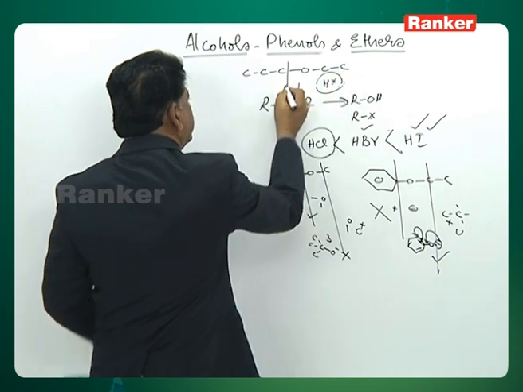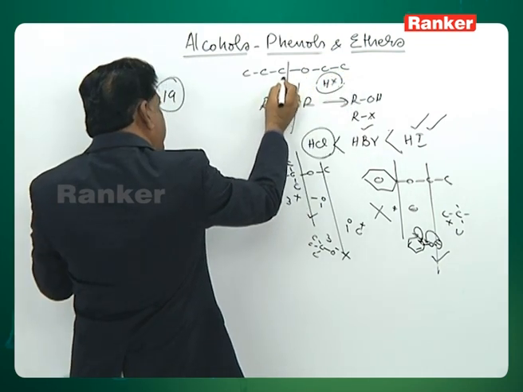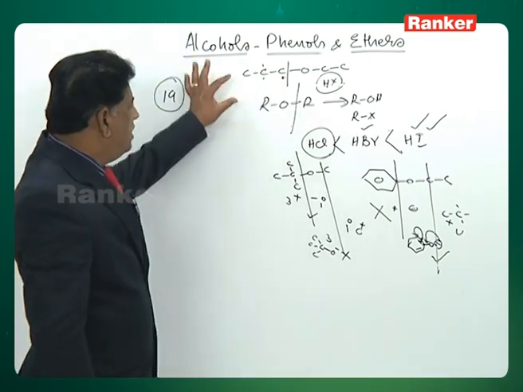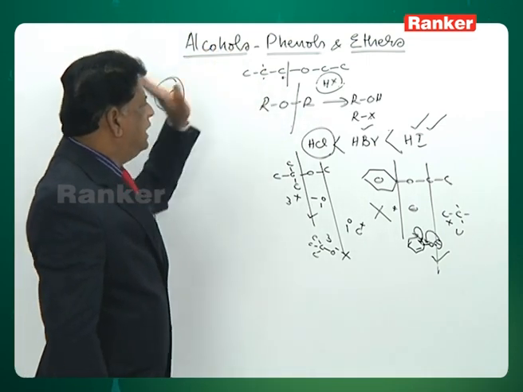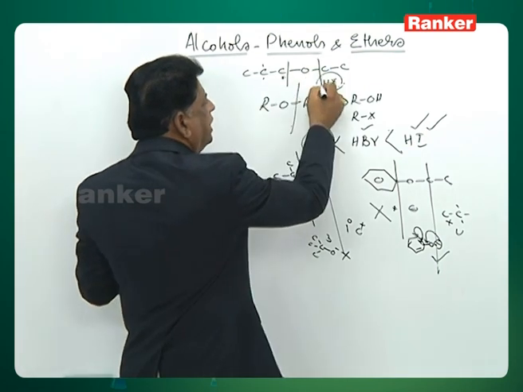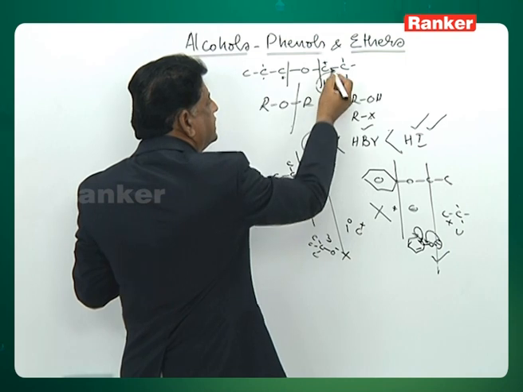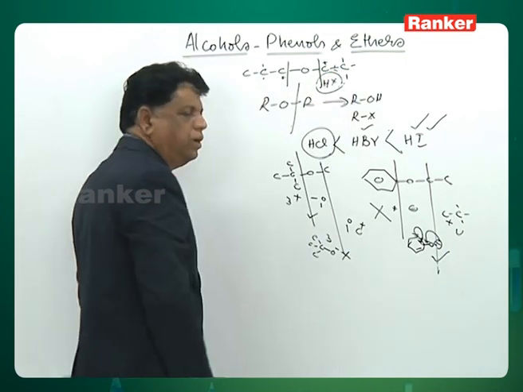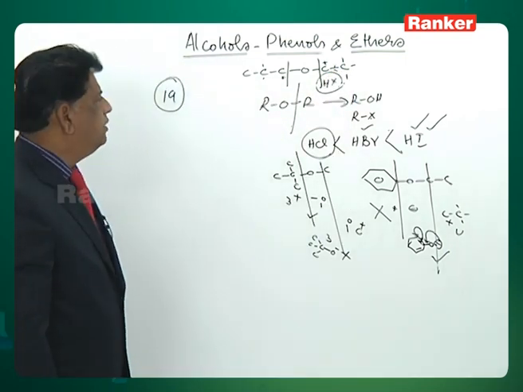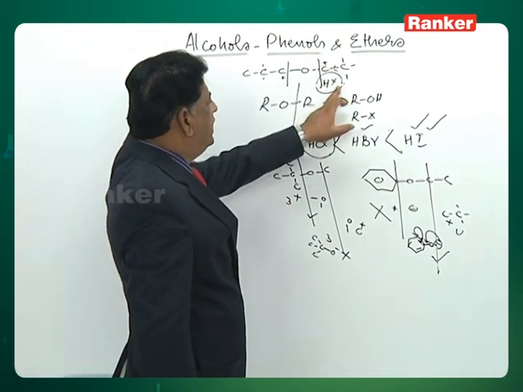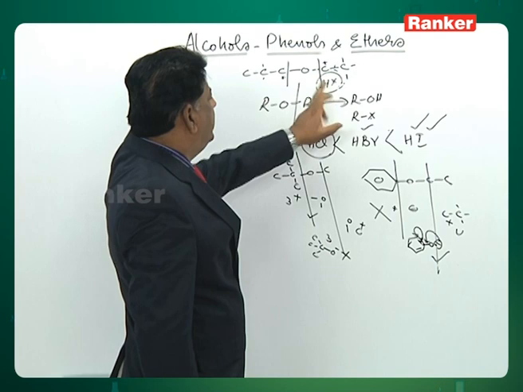If I break here, you will get a carbocation supported by 2 hyperconjugations and one alkyl group. If I break here, you will get a carbocation supported by 3 hyperconjugations and one alkyl group. Naturally, 3 hyperconjugations is more stable. Therefore, if I cut here, the carbocation will take the anion and the minus will take the H.